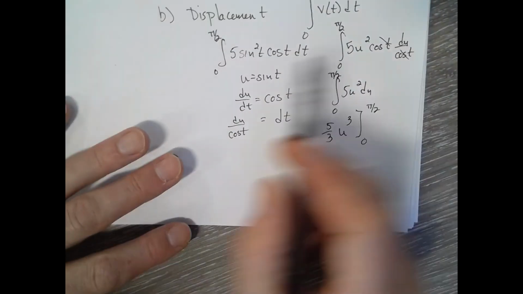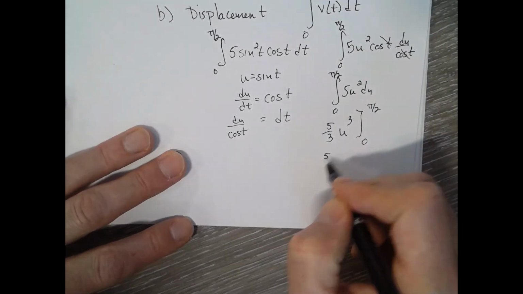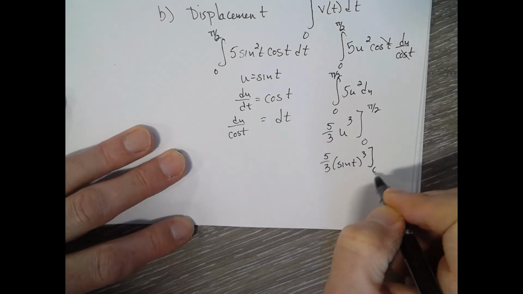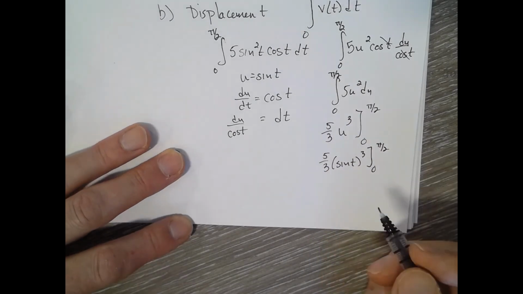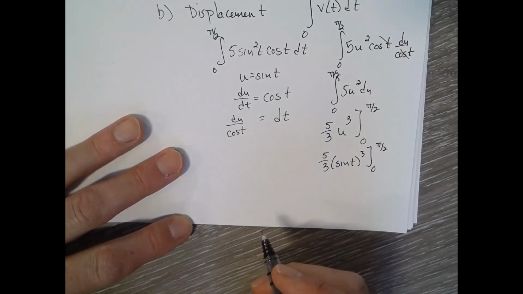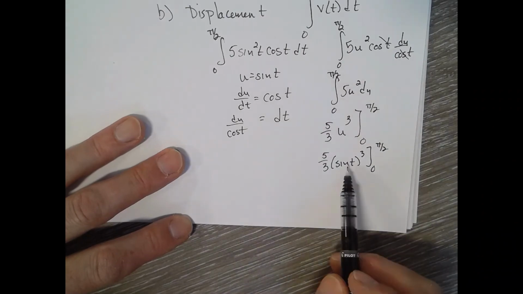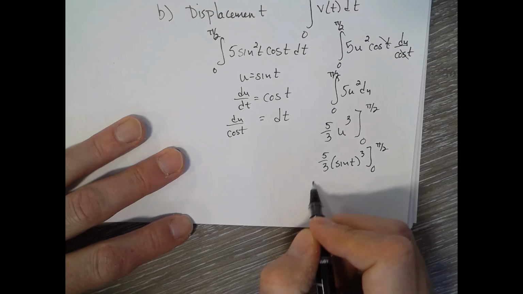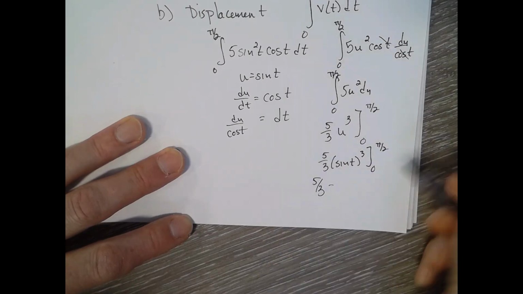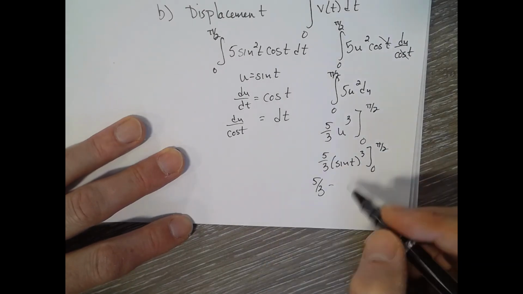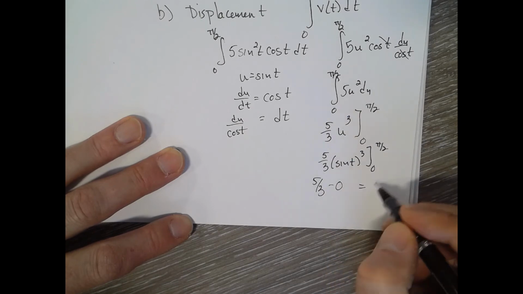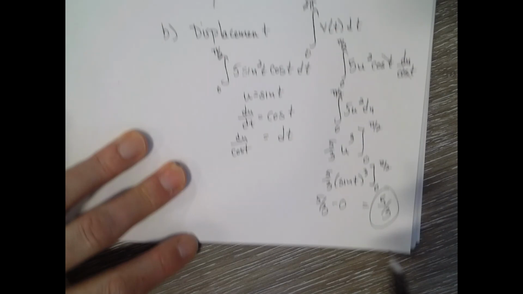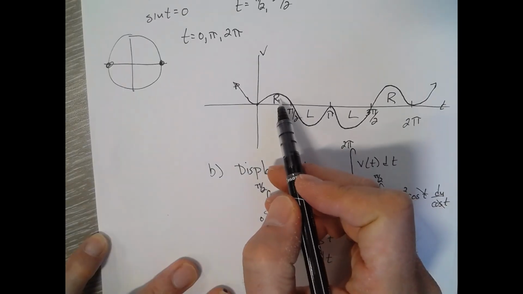Our u is sine t, so it's 5/3 sine t cubed from 0 to pi over 2. The sine of pi over 2 is 1, cubed is 1, times 5/3 is 5/3, minus sine of 0 is 0, so that makes it easier. So we get 5/3. Okay, so this area is 5/3.